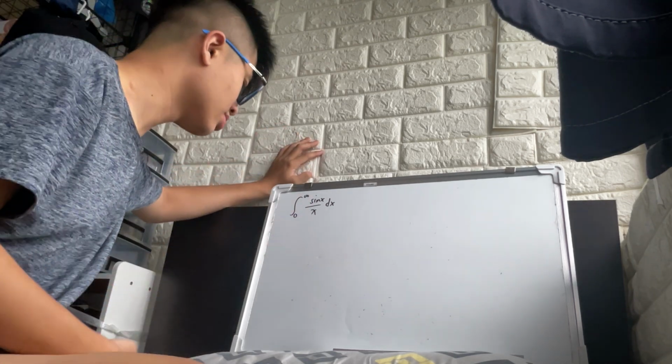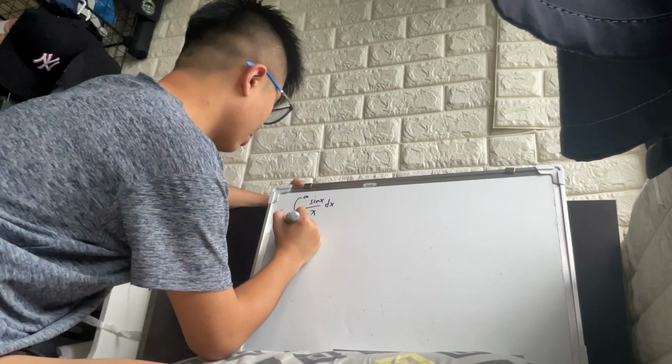So here, we use the Feynman technique, because this integral cannot be integrated in our elementary way, sin x over x. How can we use the Feynman technique? I'm going to teach you.